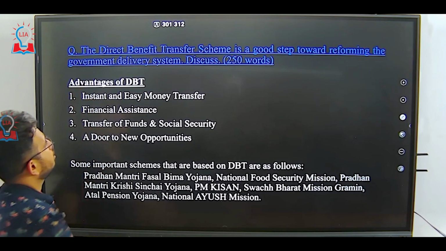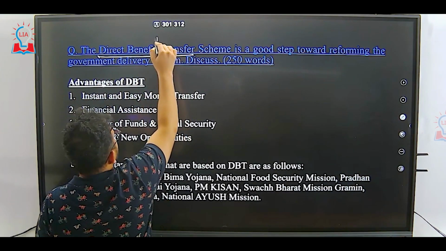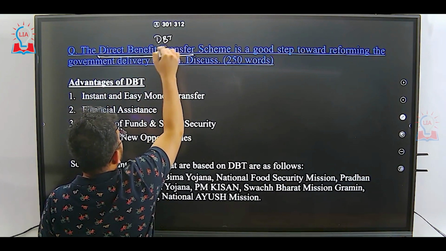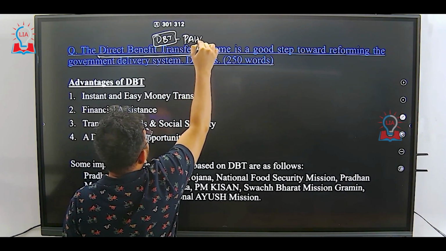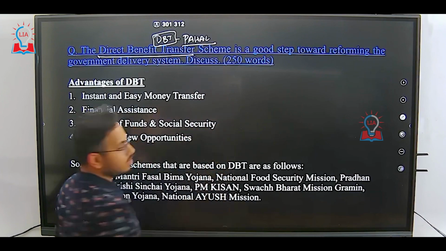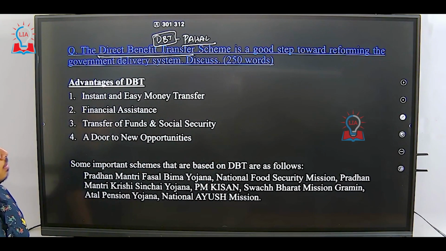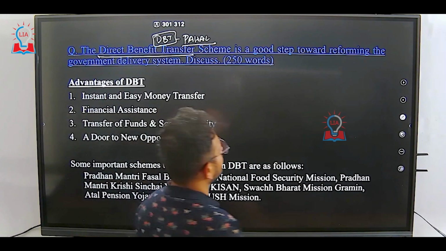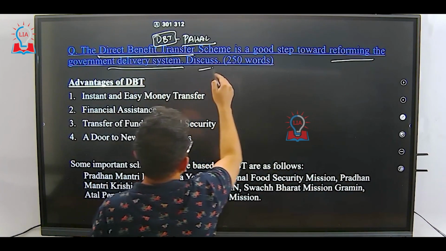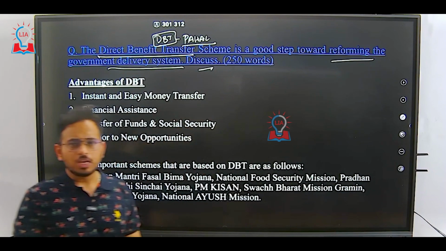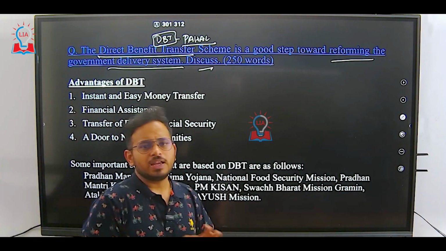The Direct Benefit Transfer scheme, which is what I was talking about, also called DBT or PAHAL, Pratyaksha Hastantarit Labh, is a good step towards reforming the government delivery system. Discuss. So what is this DBT? DBT is very simple.